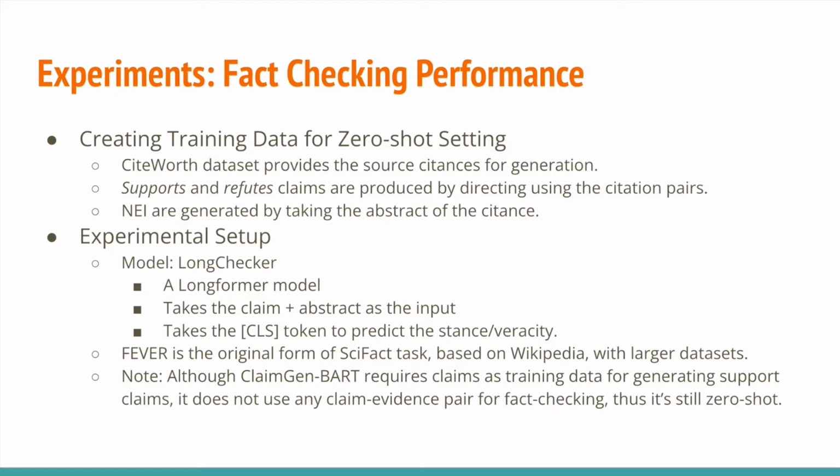For the experimental setup of fact checking, the model is LongChecker. So this is another model released by AI2. Basically, this paper, SciFact, and LongChecker are all from mostly the same group of people. LongChecker is a Longformer model, and it takes the claim and abstract concatenation as the input, and it takes the CLS token embedding to predict the stance or veracity.